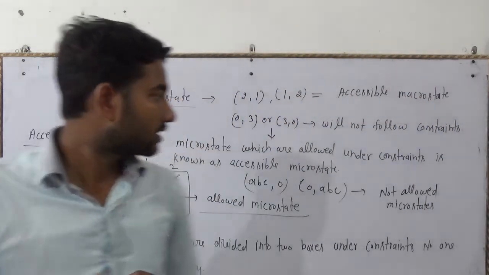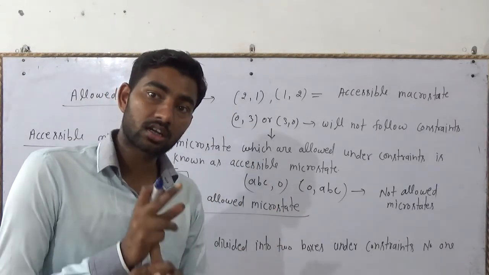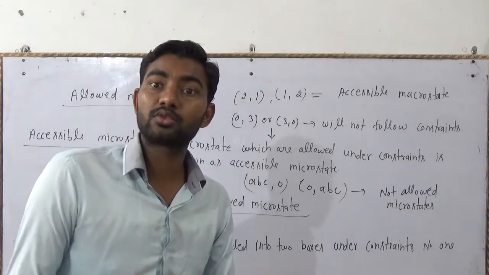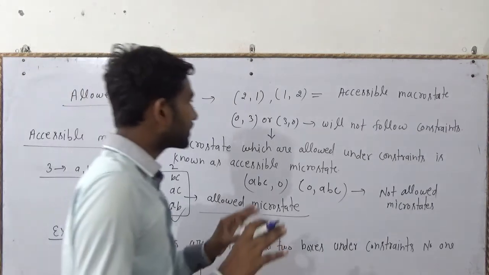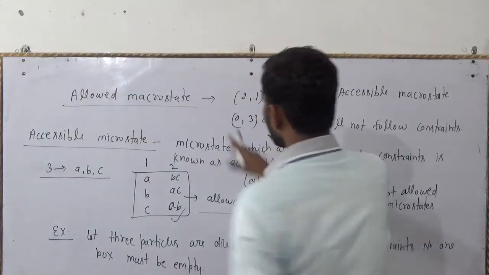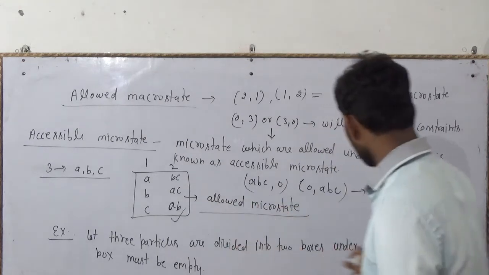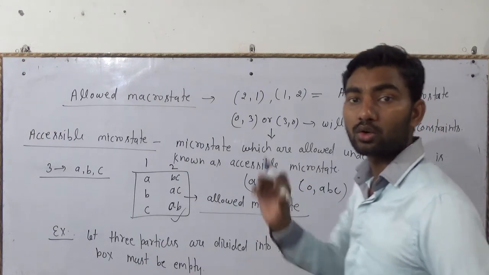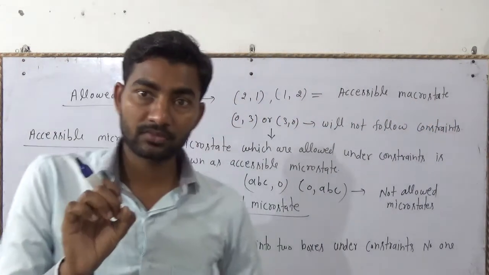So friends, I hope the allowed and not allowed microstates are clear to all of you. If we repeat the allowed microstates for three particles in two boxes under the constraint condition, the constraint was that no one box must be empty.